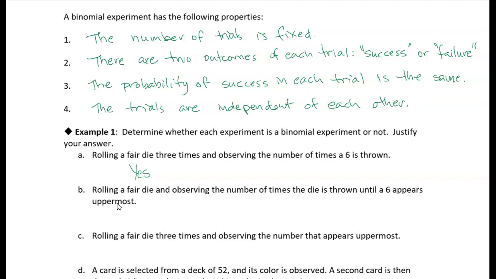Well, in this case, no. A 6 could appear on the first throw, possibly, or the second, or the third, or the fourth, or it might not appear until the 53rd trial, or the 787th trial. I don't know. We don't have a fixed number of trials. So right away, we know that no, this is not a binomial experiment, and the reason is that the number of trials is not fixed.